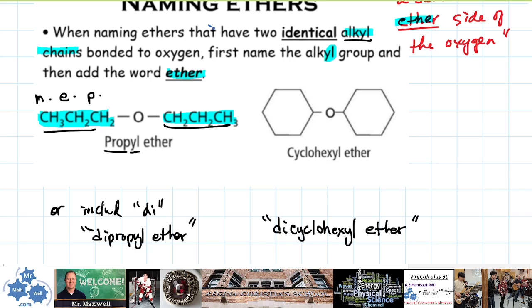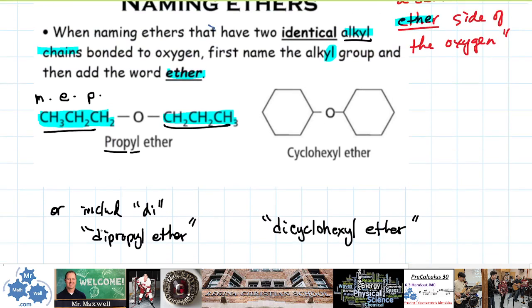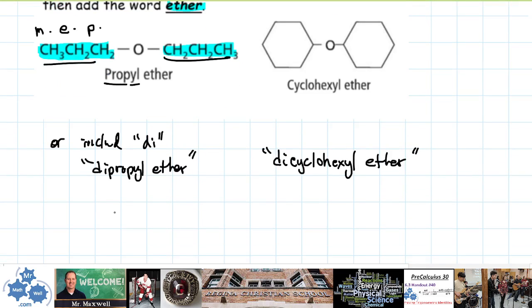Now I did put this on here just for us. Remember we talked yesterday about organic chemistry being a very huge field. It's universal. There are a lot of different people doing different things, making different publications, in a sense redefining things. There is supposed to be an international IUPAC, International Union of Pure and Applied Chemistry, set of rules.